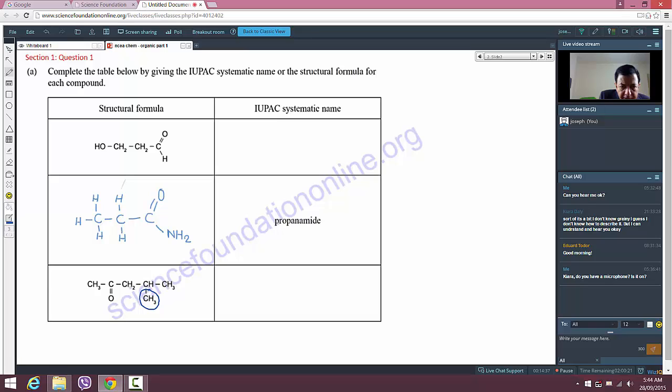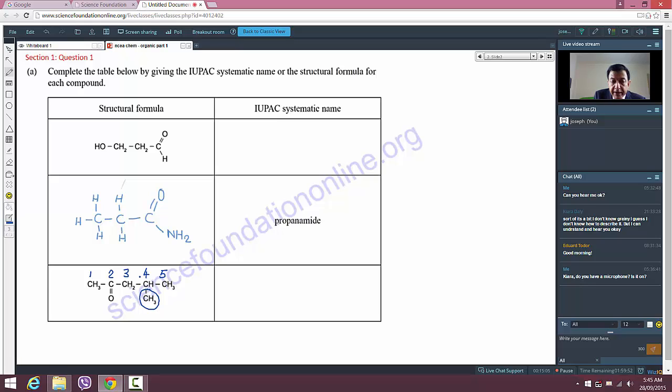You always number the chain in the way that gives the principal functional group the lowest number. So that's going to be the alkanone functional group, and you therefore number from the left hand end, which gives it a number of 2, instead of the right hand end, which would give it a number of 4. So therefore we number as I have marked them here from the left hand end.